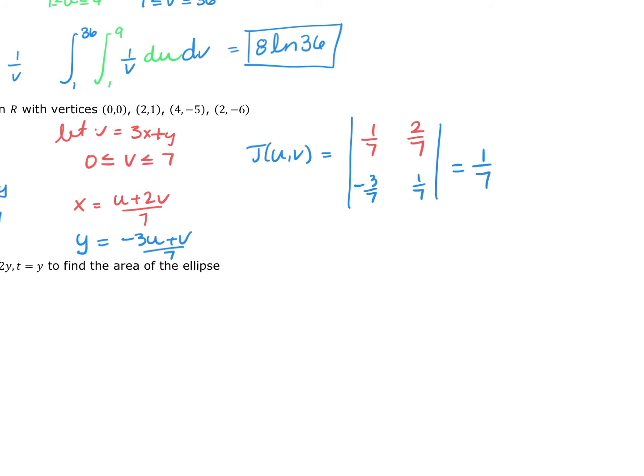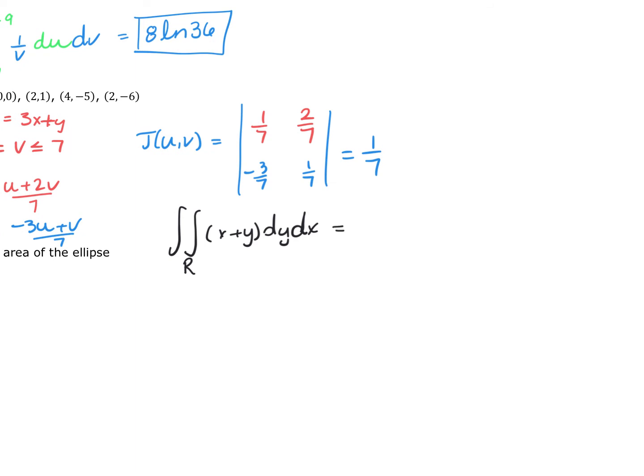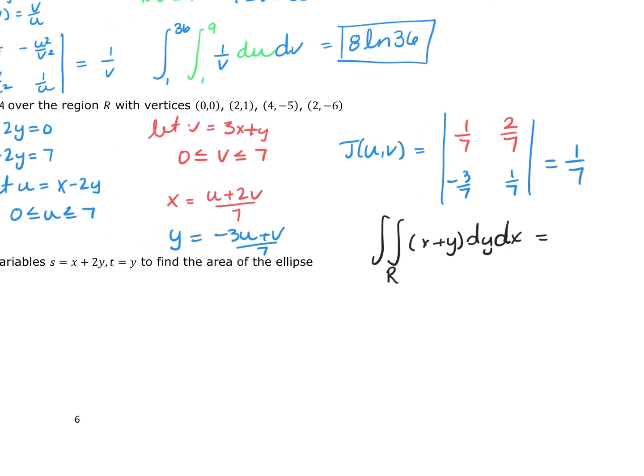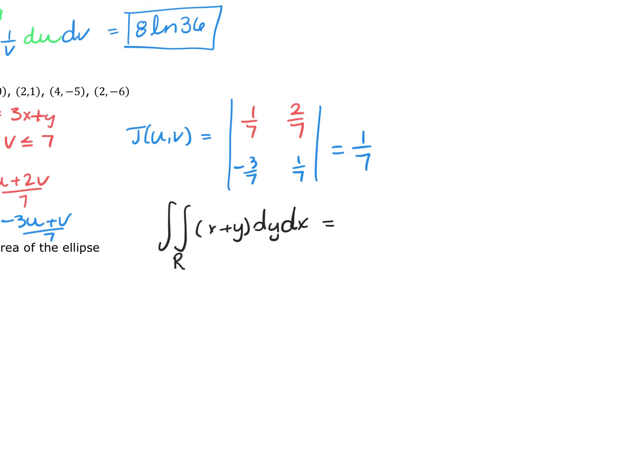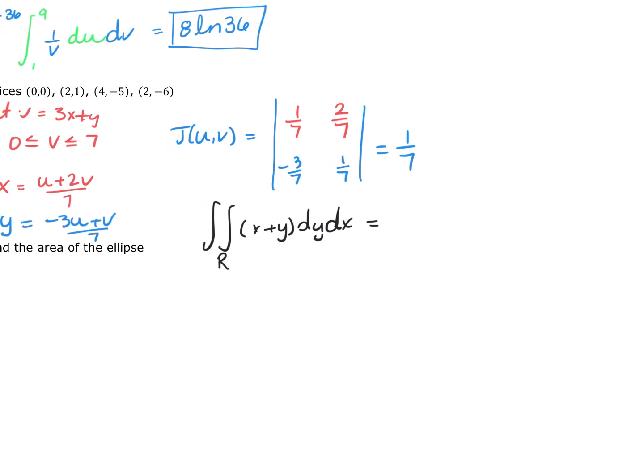Now, my integration that I want to do of x plus y dy dx over this region. It doesn't really matter, I'll do the 0 to 7 last. So I'll do my v last. So I'm going to integrate from 0 to 7 last, and from 0 to 14 first.